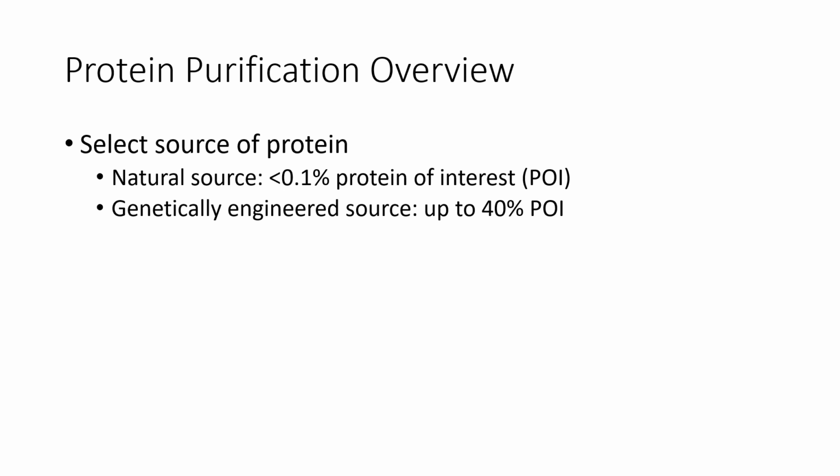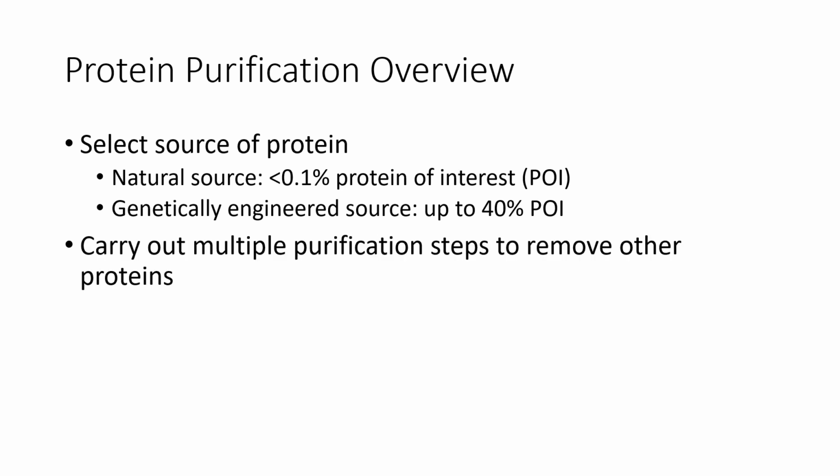So even though it's a lot more work to set up a genetically engineered source of protein, the reward can be very great. And so it's a fairly common lab technique for people who are trying to work with and purify proteins.